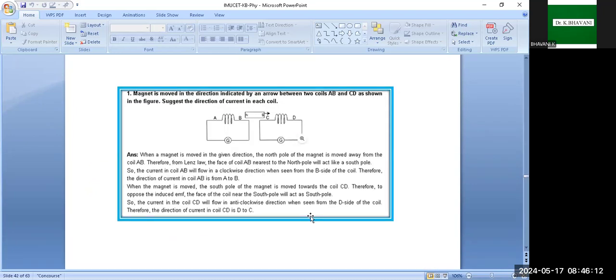And next, a magnet is moved in the direction indicated by an arrow between two coils A and B. Suggest the direction of the current in each coil.